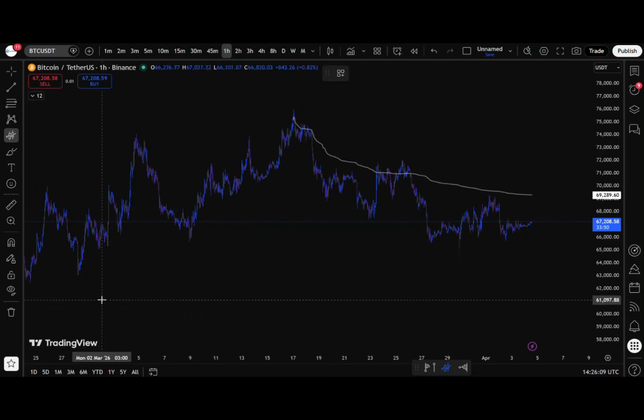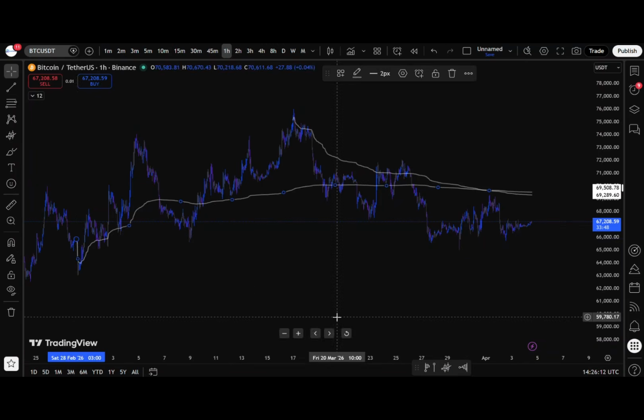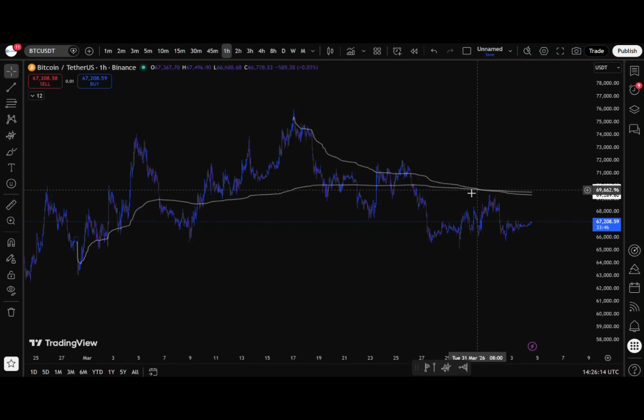Let's get another anchored VWAP from here. We can see that these two anchored VWAPs cross over there, and this low was taken at 63,000.